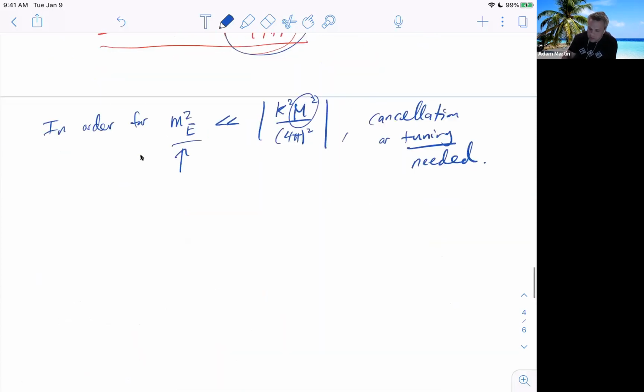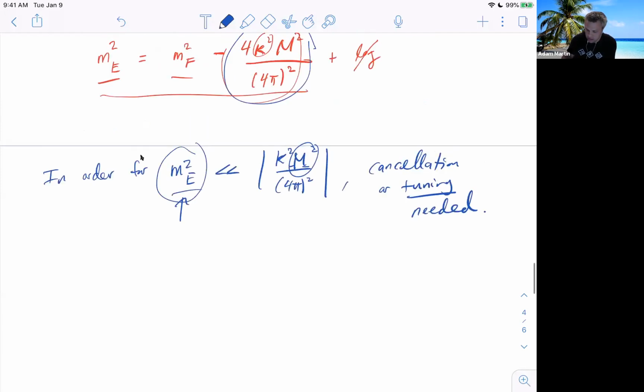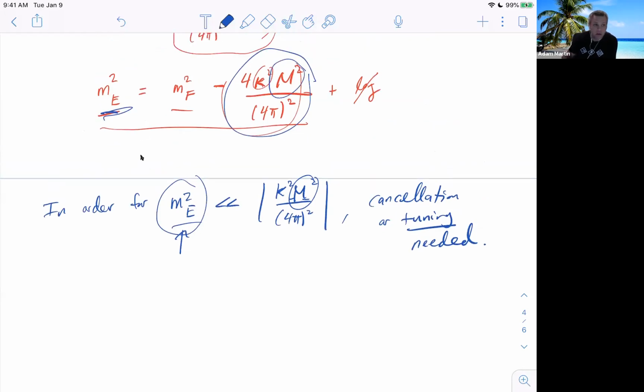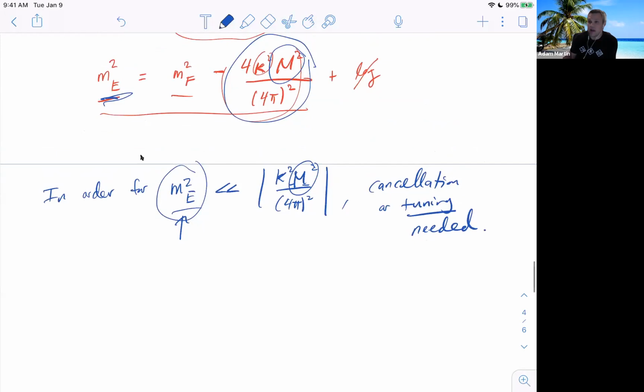This is a physical mass of a heavy particle that talks to our light particle. If that's present, then in order to have the mass in the effective theory much, much less than the mass of that heavy thing, this physics is not decoupling, because this low energy parameter is sensitive to M in the numerator. In order for that to happen, there has to be some cancellation going on. This is what we worry about as tuning.